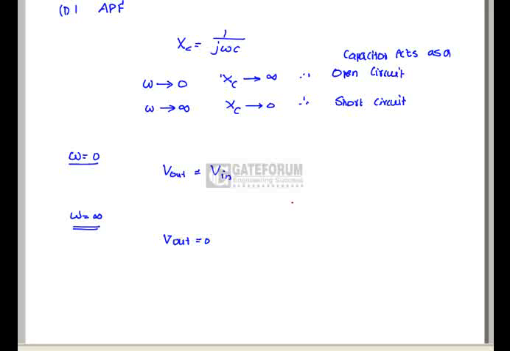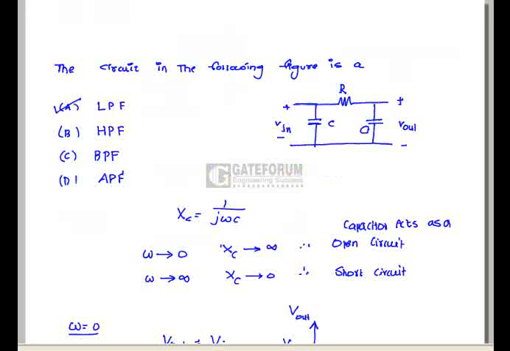If we plot output voltage as a function of frequency, at omega equals 0, it is V in, at omega equals infinite, it is 0. Means as frequency increases, the output decreases. Maybe it's not an exact shape, but the output decreases as frequency increases. That is the function of the low pass filter, which is option A is correct.